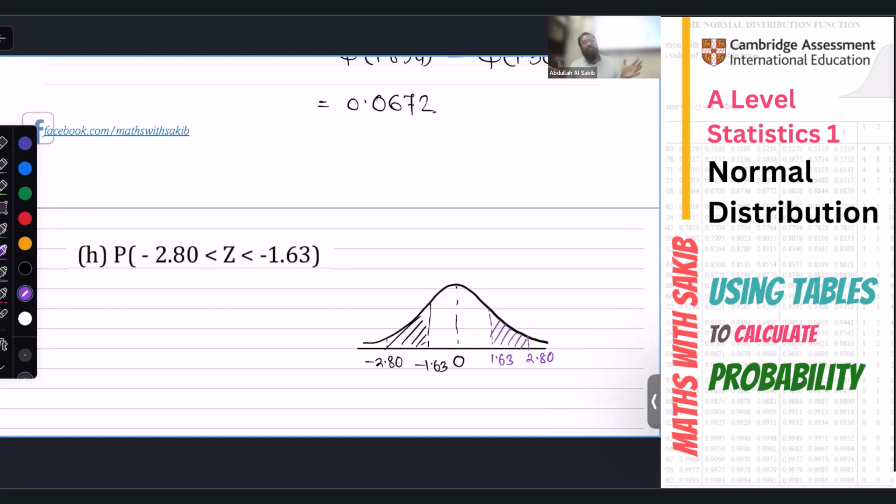Because this is a fully symmetrical curve. Though it has negative x values, I can turn them into positive and then do the calculation, because we don't have negative values in the table. So now we can apply phi of 2.80 minus phi of 1.63.